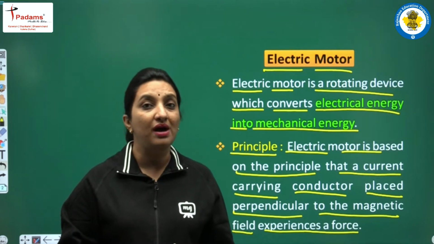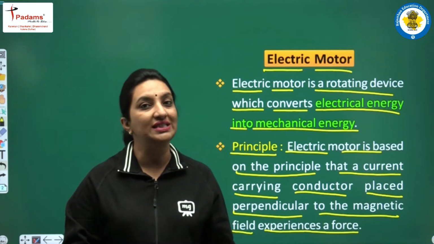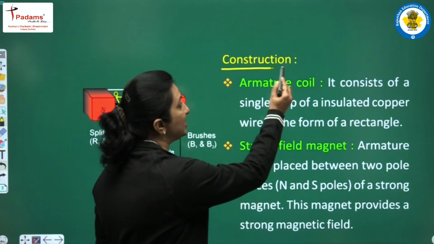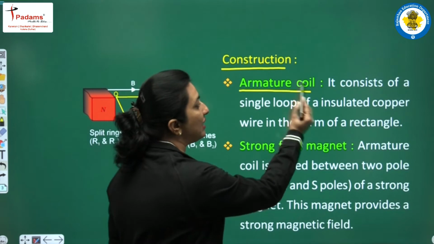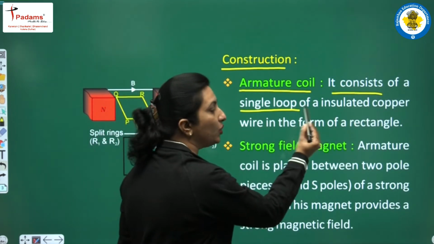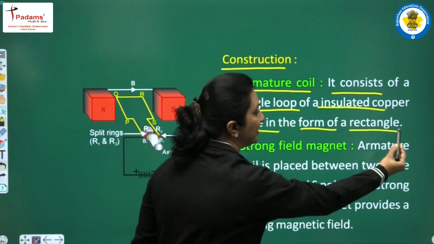That is, what are the parts used in the electric motor, and then we will understand the working of this electric motor. So students, for the construction, first we have an armature coil. It consists of a single loop of an insulated copper wire in the form of a rectangle.